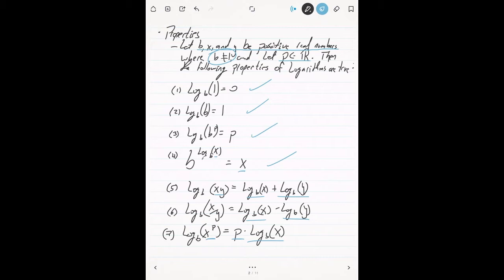Let's start with number 1. Log base b of 1 is equal to 0. Let's reason this out for ourselves. Remember, when you work with logarithms, it's helpful to rewrite them as exponential expressions. So here I'm going to say the base is b. Remember, the exponent on b is what the logarithm equals, so that's a 0, and the argument goes right here.